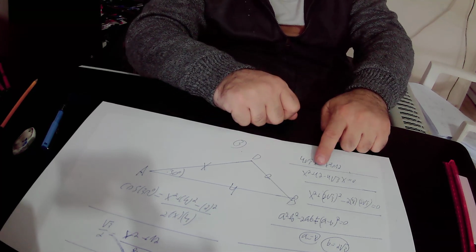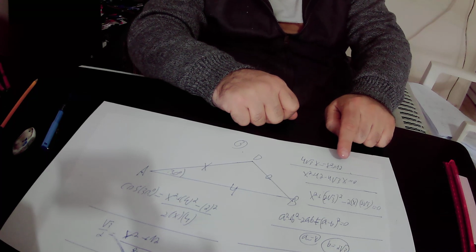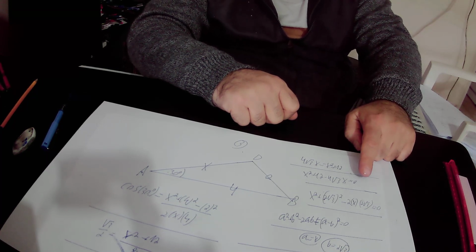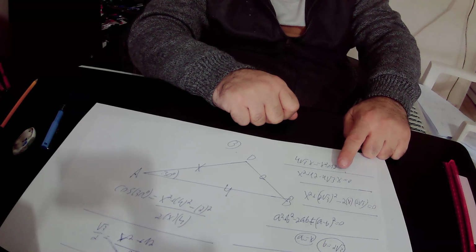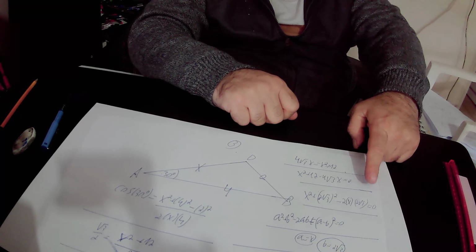Here we substituted 12 by 2 times square root of 3 squared, because 2 times square root of 3 squared equals 12. And we substituted 4 by 2 times 2, so we have x squared plus 2 times square root of 3 squared minus 2 times x times 2 times square root of 3 equals 0.